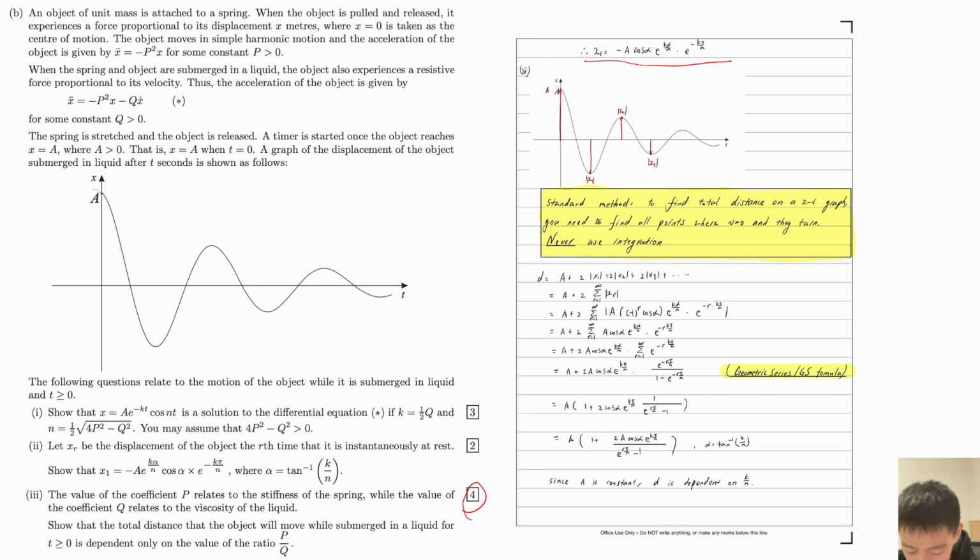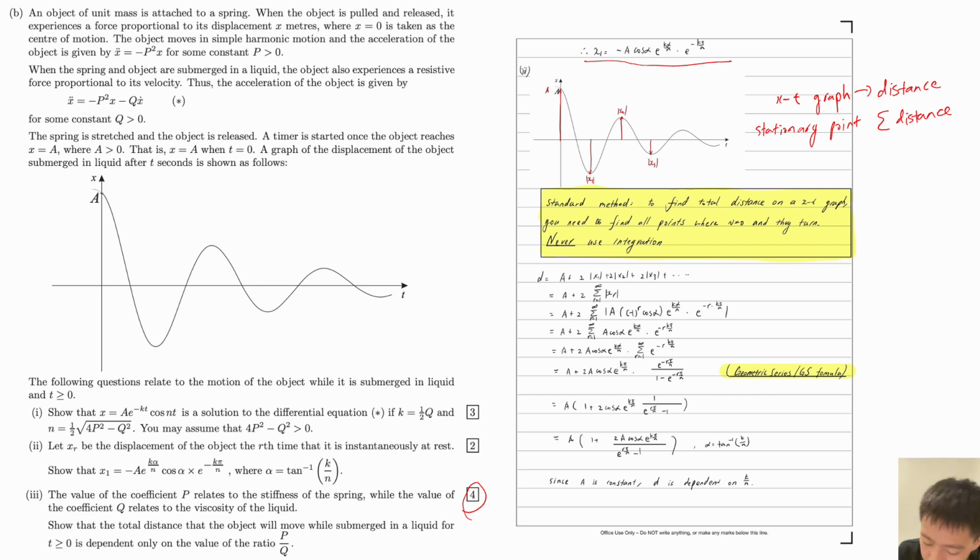The standard method, you know, a common mistake people make, even ChatGPT sometimes makes, is that when you have an x-t graph and you want to find the distance, the standard way is you find the turning points, that is the stationary points, and you add the distance.